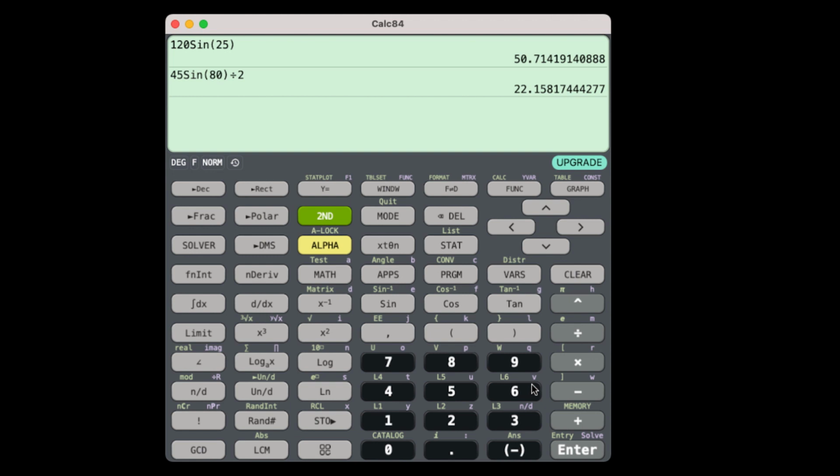And you get 22 point what? What's your area approximately? 22 point what? To the nearest tenths. Go to the tenths. What do you guys get? Is that 22.2?